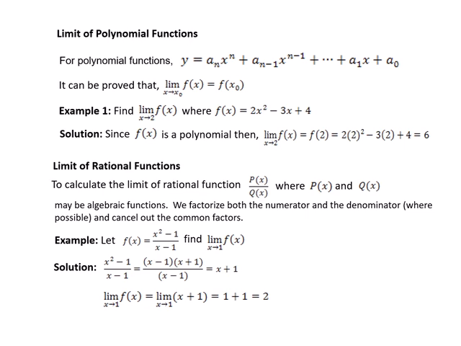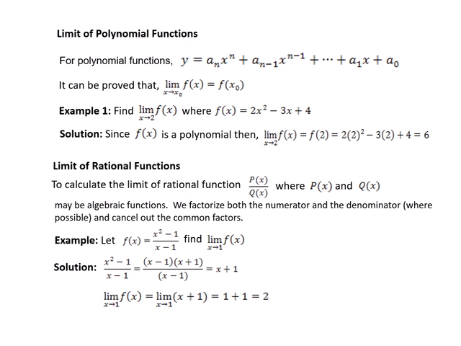We factorize the numerator, because as it is given, we can factor it out. So we get the factors s minus 1 and s plus 1 all over s minus 1.